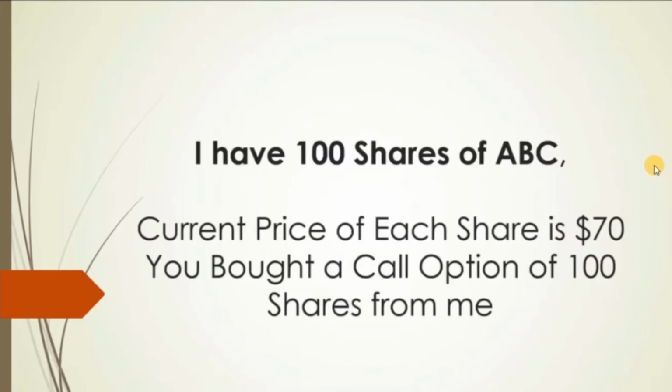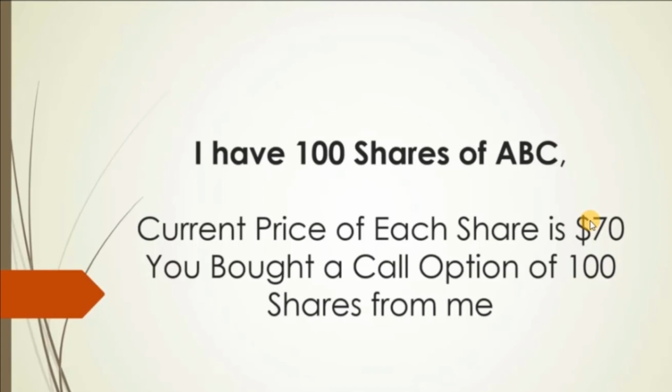Option premium is the cost or the price of the option that a buyer pays to the seller to have the right to buy or sell the underlying shares. For example, in the last example, you are buying a call option of ABC share of strike 70. For this, you have to pay a sum of $200 for entering the trade.